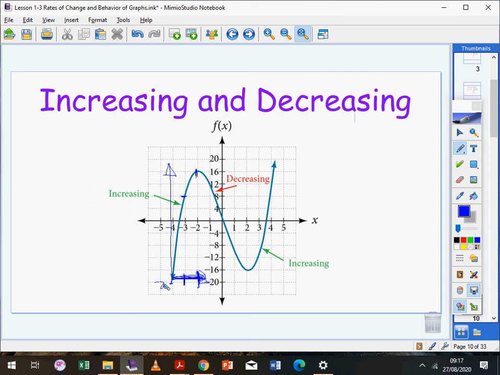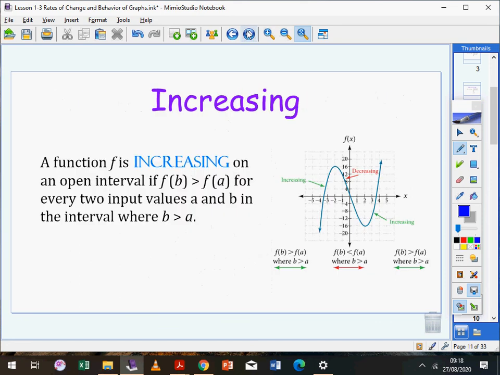The opposite is happening where, if I continue to move to the right, the value of the function changes from 16, now it's 12. And if I continue to move to the right, it's changed from 12 to 0, and then to negative 8. So the values of the function are going down as I'm still moving to the right across the function. That means the function is decreasing, and then it starts increasing again back there.